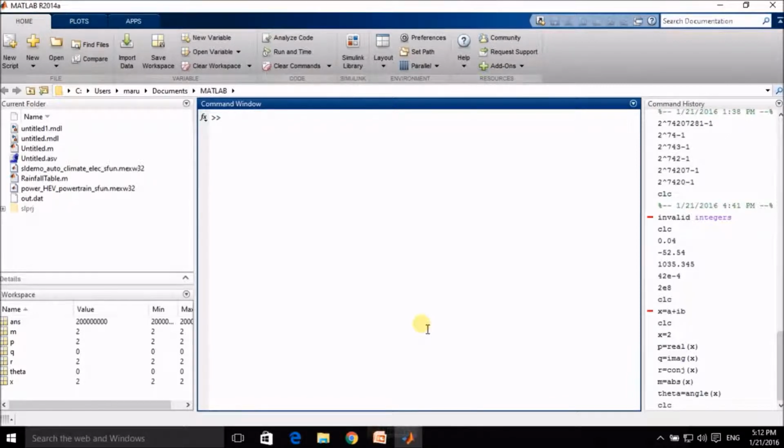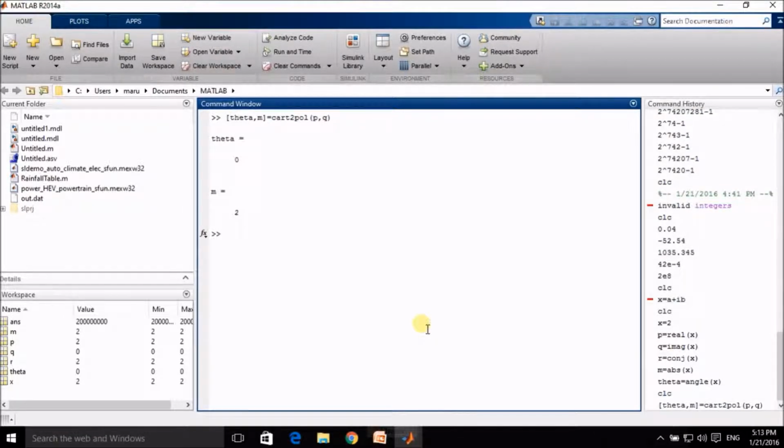We can use the commands: theta comma m equal to cart to pole of p comma q.